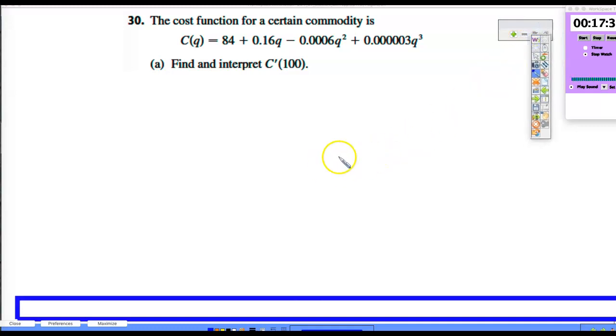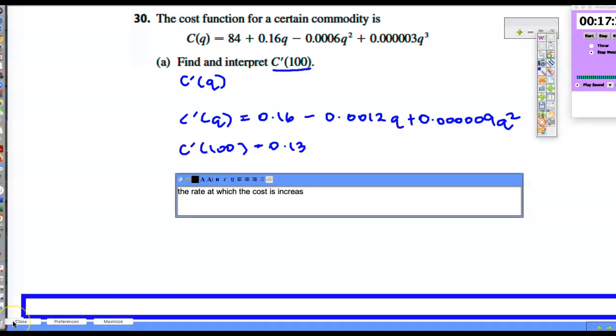Let's take a look here at problem number 30. I want you to start practicing, so we're going to do a pause here. I would like for you to find C prime of Q, and then we're going to interpret what this means, and we're going to pause.